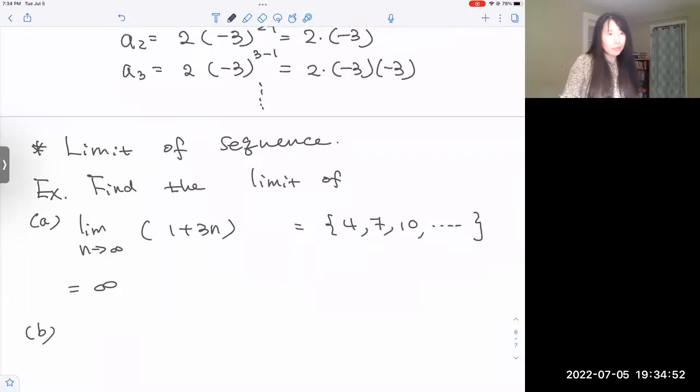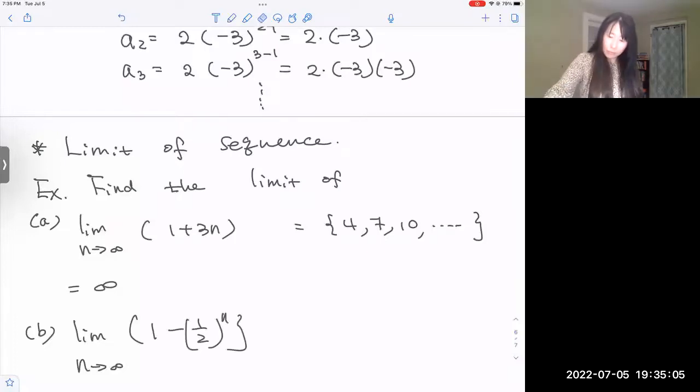Second one, we have limit as n approaches positive infinity of 1 minus 1 over 2 to the n power. So when n equal to 1, we get 1 minus 1/2, which is 1/2, right? When n equal to 2, then we have 1/4, so we get 3 over 4.